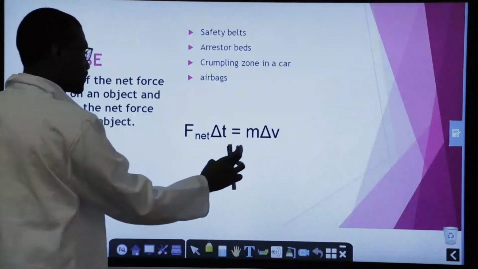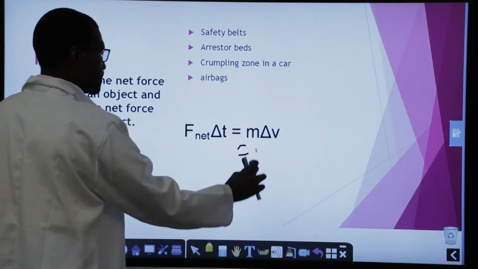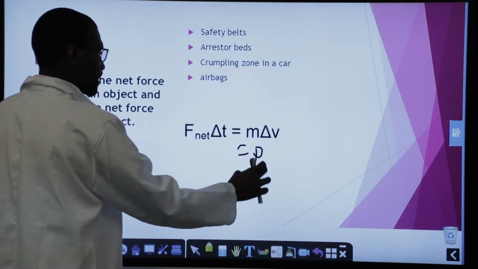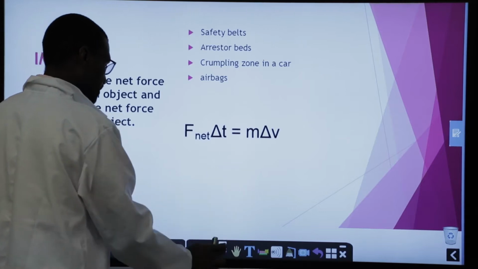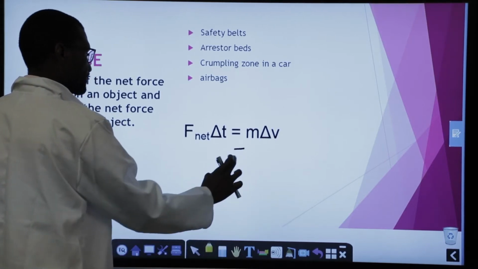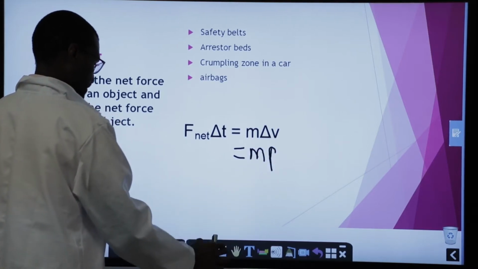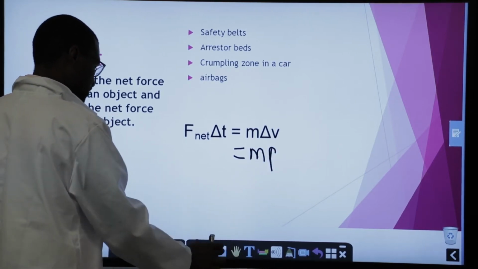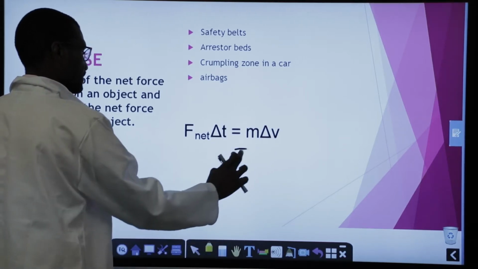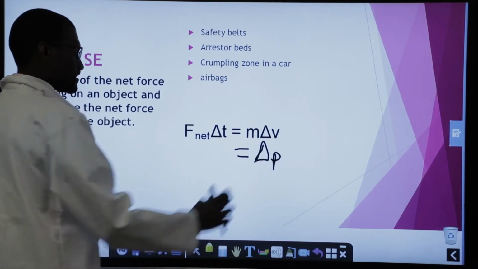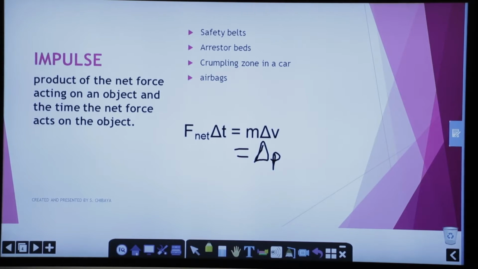So you can actually replace that m times delta v with change in p. Change in momentum. Okay, so that's what impulse is all about.